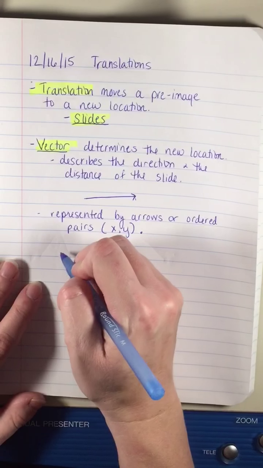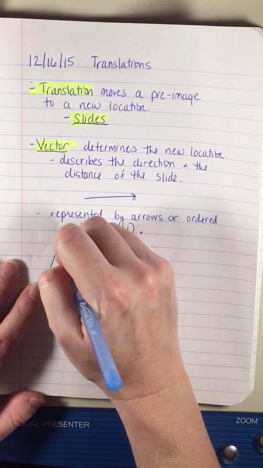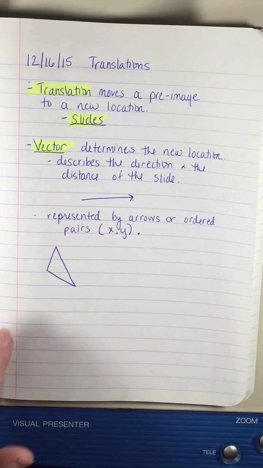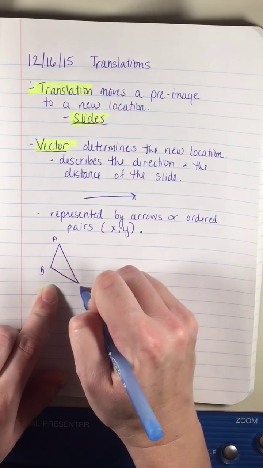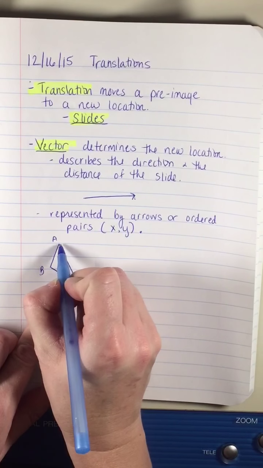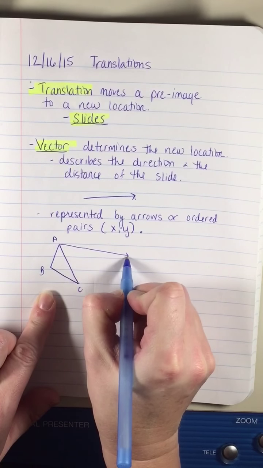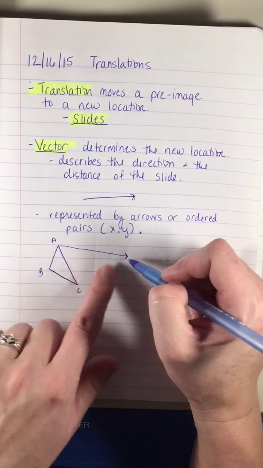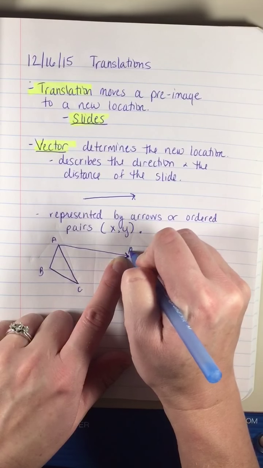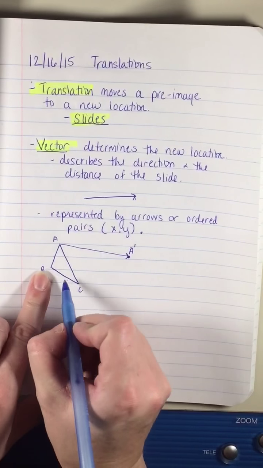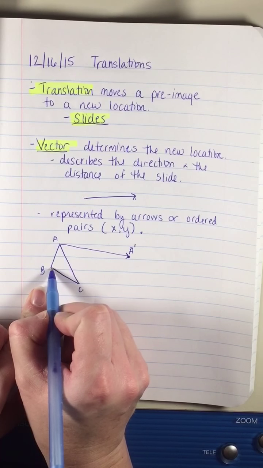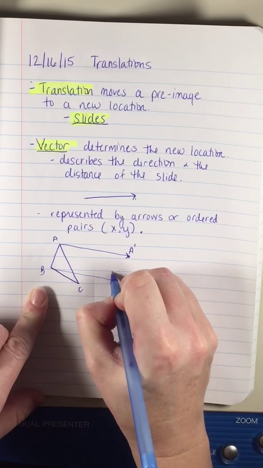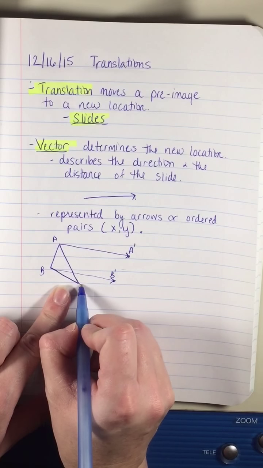So if I take one picture, another triangle, I love to use triangles. They're nice and easy. So I'm going to take this triangle and I'm going to slide this triangle by this vector. So this is my start, this is my stop. So this is going to be A prime. So I'm going to try and eyeball this and draw the same vector. And draw the same vector here.